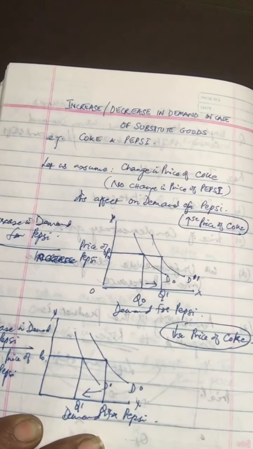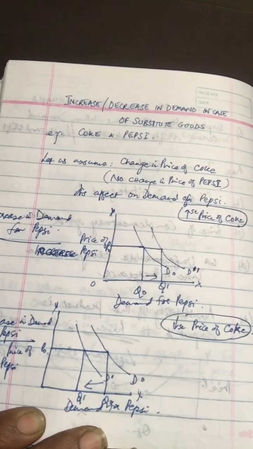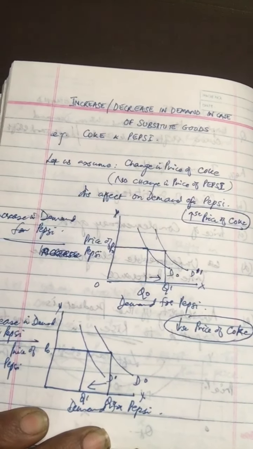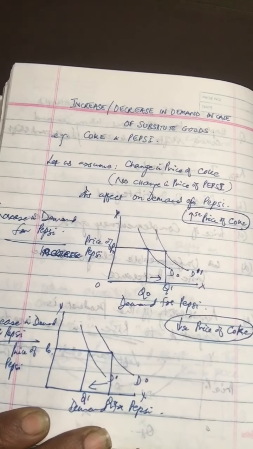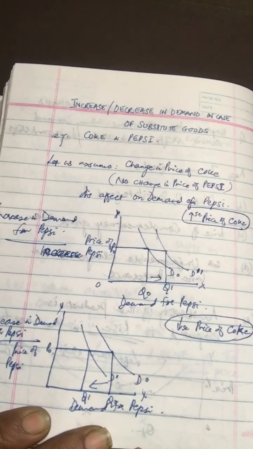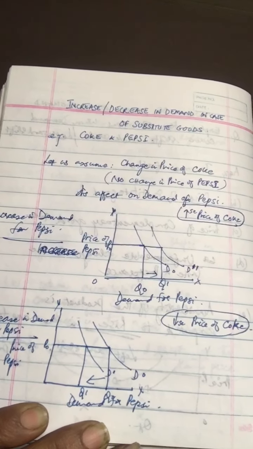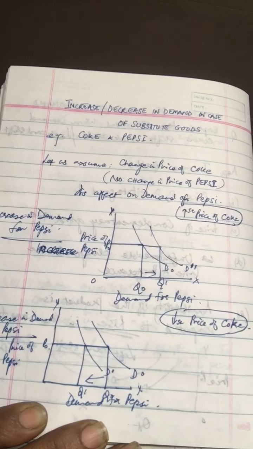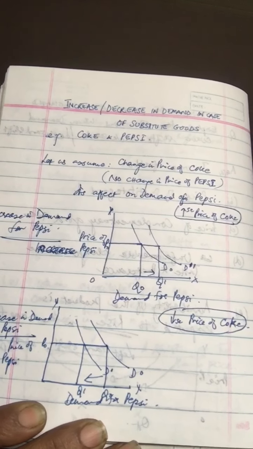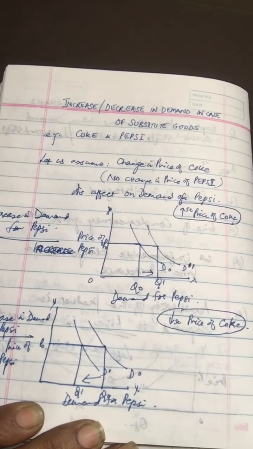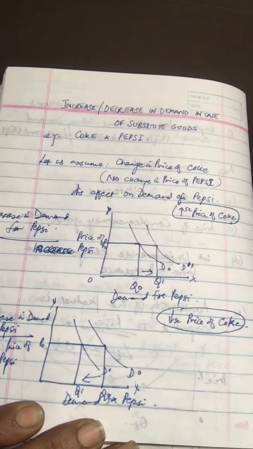One more thing we have to keep in mind: we're going to assume that one substitute good's price remains the same, and it's only the price of the other substitute that changes. So let the substitute whose price remains the same be Pepsi. That is what I'm going to show on the diagram: the Pepsi price remains the same, and there'll be only a change in the price of Coke.